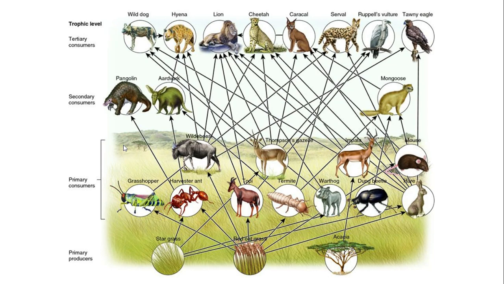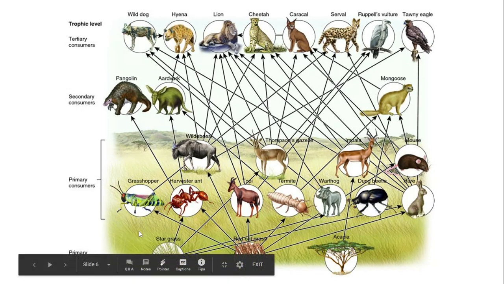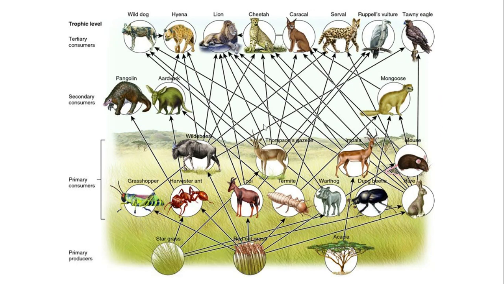For example, let's take a look. What do we have here? If we were to get rid of, you can say one of the producers, but producers tend to be in the greatest quantities. Let's get rid of the wildebeest. As you can see, the wildebeest is consumed by many different organisms in this food chain.